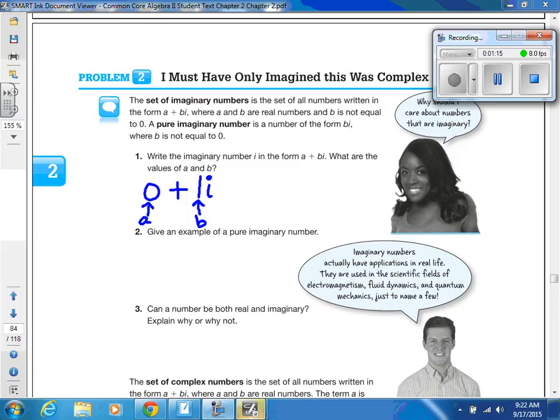So what's an example of a pure imaginary number? Just a number that doesn't have a real part to it. I gave you some examples earlier when we were going over our definitions. We had some examples in our homework. We had some examples on your Go work.